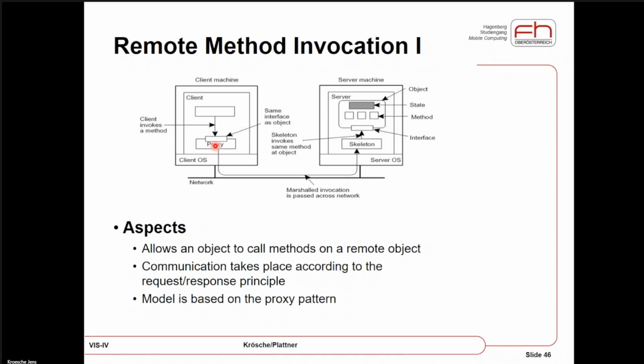But this so-called proxy object has the capability of transforming the call of the method and the parameters and all the other stuff that is necessary into an equivalent byte array, which is then communicated to the skeleton, and then the real object is called, and then the result is returned back to the client machine again.